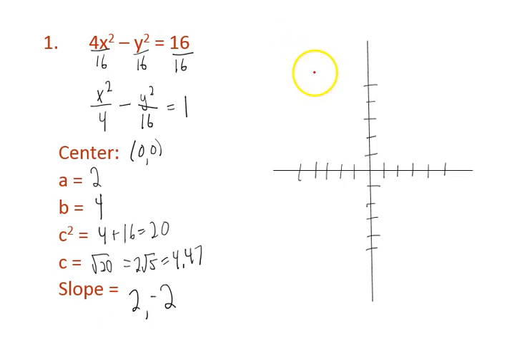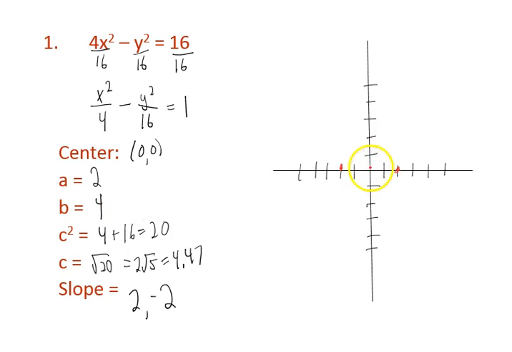Okay, now we're going to try to graph it, and you'll have to bear with me on the straight line situation. Our center is at 0, 0, so that's right here. The 2 and the 4, you're going to do the same thing that you did with an ellipse. The A is going to be left and right, so I'm going to count 2 to the right, put a dot, 2 to the left, put a dot.